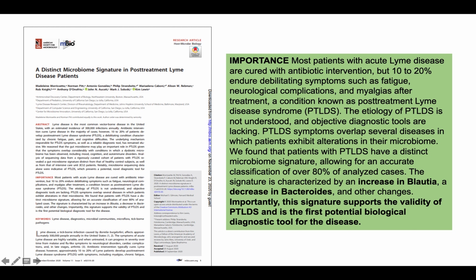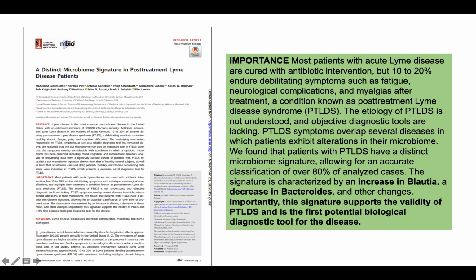So anyhow, this is an article that is included in this week's lecture. So please give it a read. And this is just talking about patients with Lyme disease. Those that have had acute Lyme disease, you're bit by a tick, you're showing signs and symptoms, you're given doxy. And if you get that antibiotic intervention, about 80 or 90% of us will overcome the infection, will be quote unquote cured.